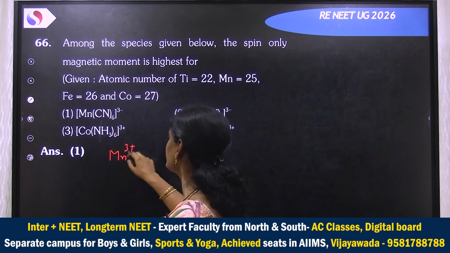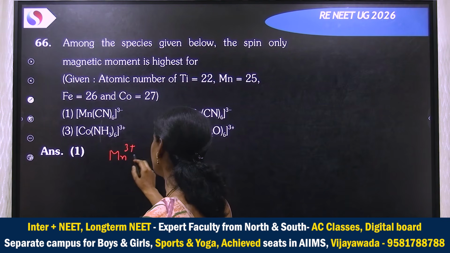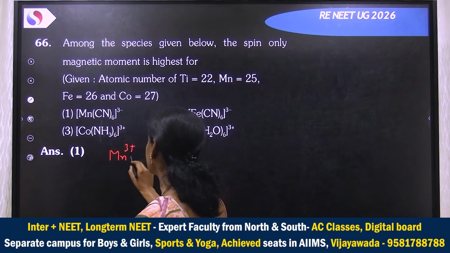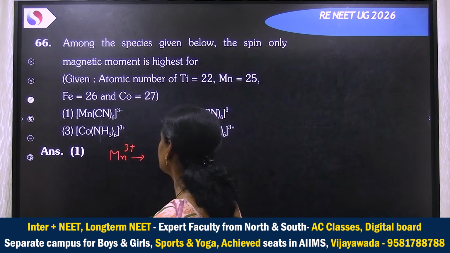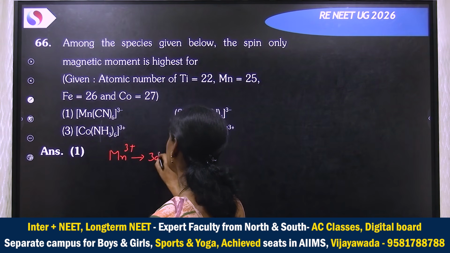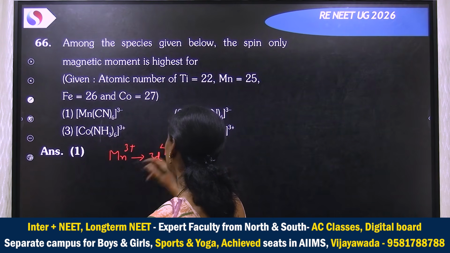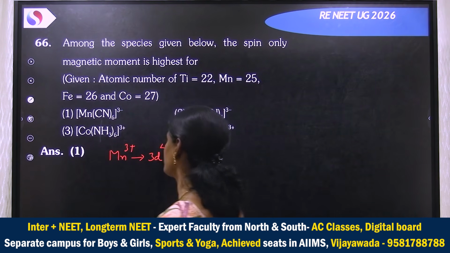The electronic configuration of manganese is 3d5 4s2, so Mn+3 is 3d4 4s0, with 4 electrons in the d subshell.